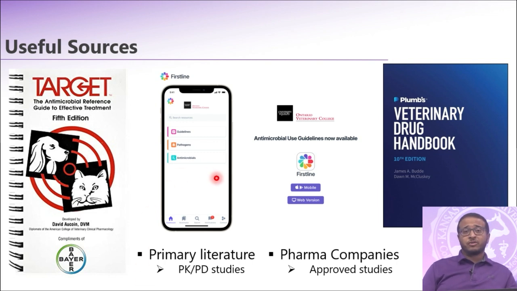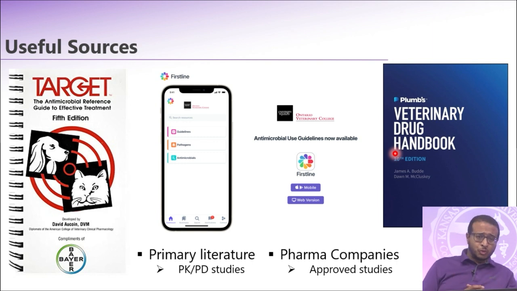Same thing applies for the First Line app, a very nice app that provides similar information to the Target, and of course Blum's Vet Drug Handbook. They have a very nice app as well that goes along with it. All these are very useful sources.